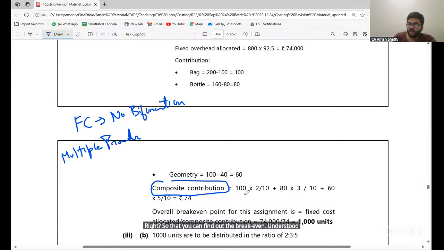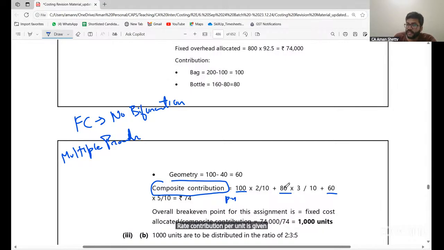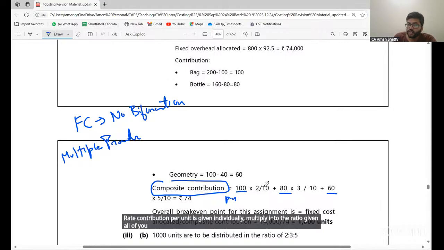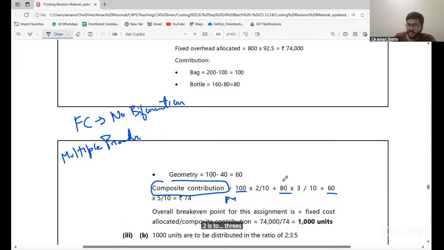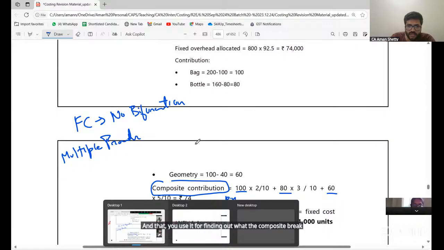So find out the composite contribution per unit. Contribution per unit is given individually, multiply into the ratio given, 2 is to 3 is to 5. So use that ratio to find out the composite contribution, and use it for finding out the composite break even point. Clear?